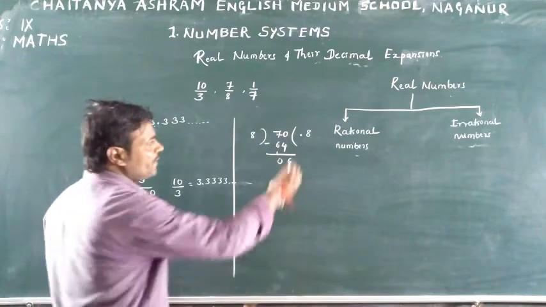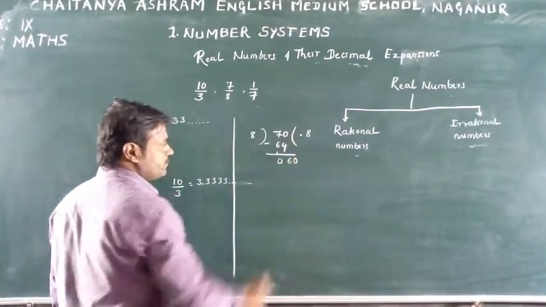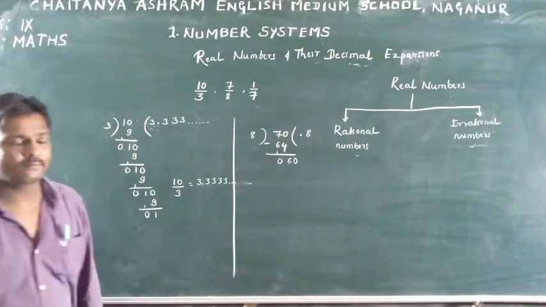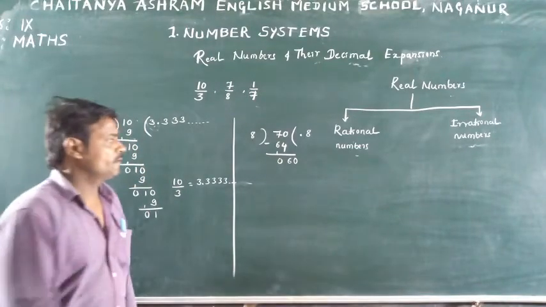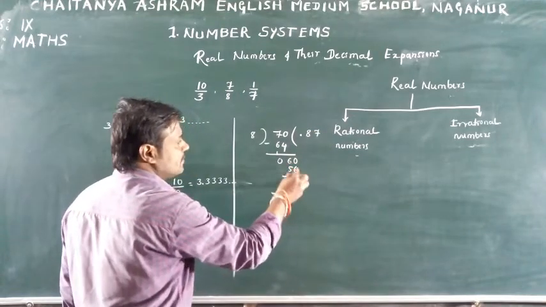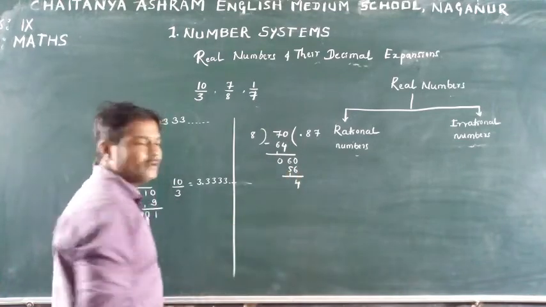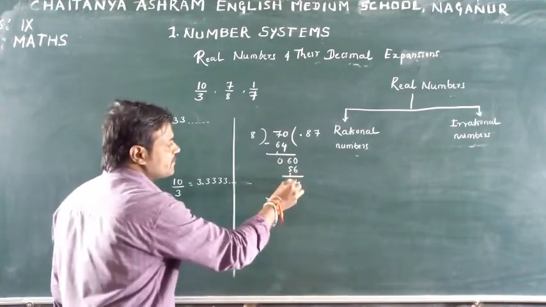We have already put the decimal point in the quotient, so write one more 0, which gives 60. 8 sevens are 56. 0 minus 6, 4, carry 1; 6 minus 6 is 0.